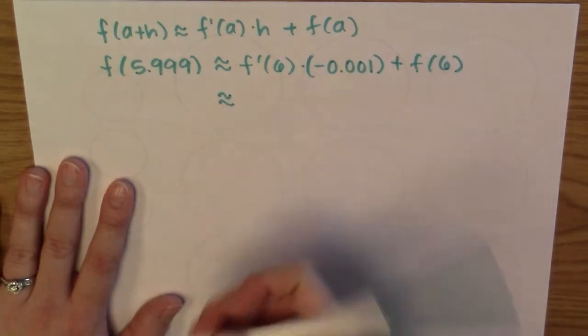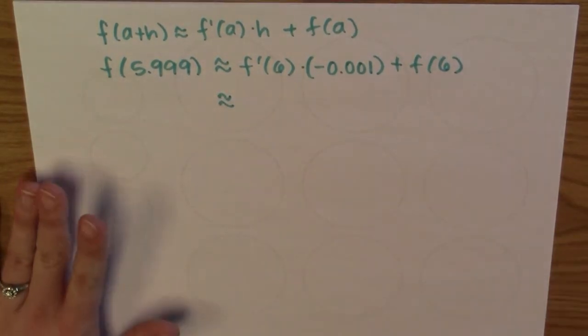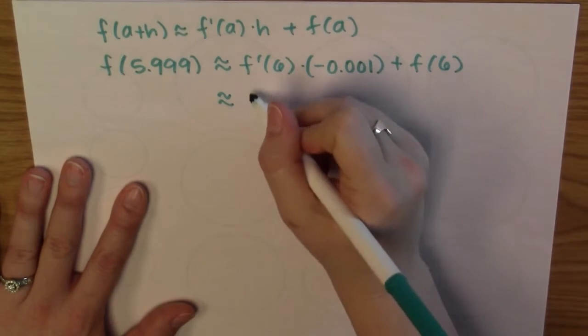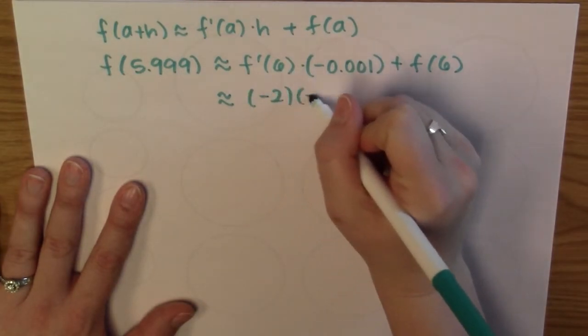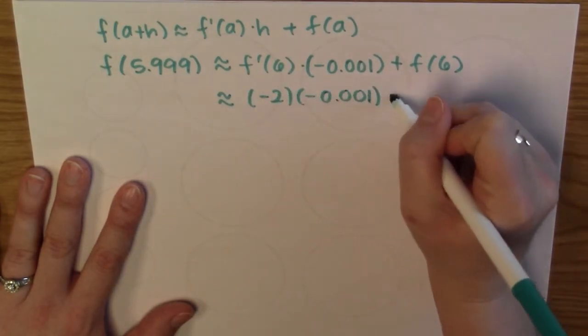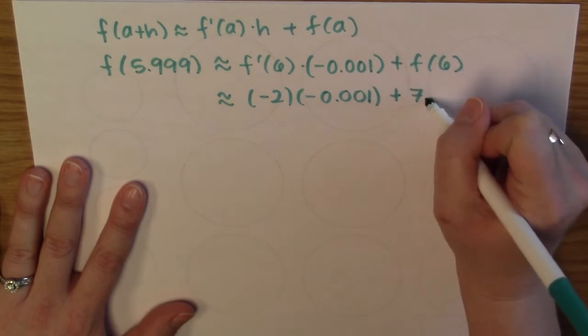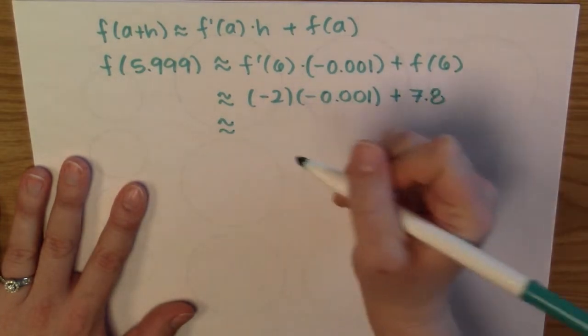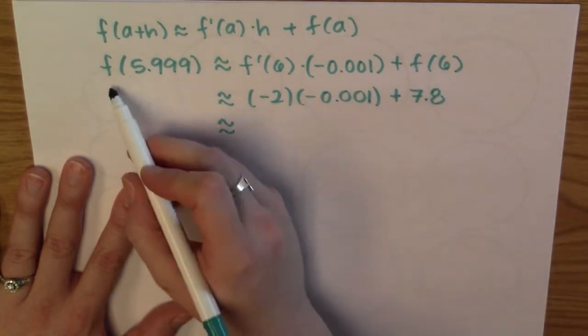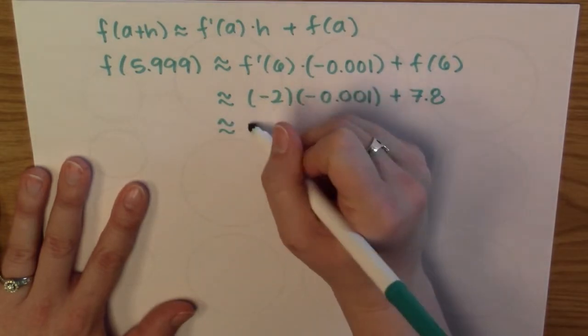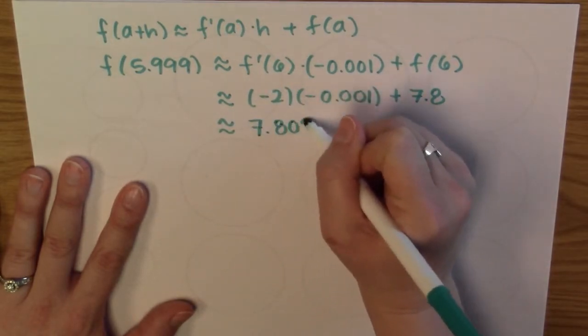Well, we know f prime at 6 and f of 6 from the chart, so we have f prime at 6 is negative 2 times negative 0.001, and then f of 6 is 7.8, so plugging this in the calculator, we get that f of 5.999 is approximately 7.802.